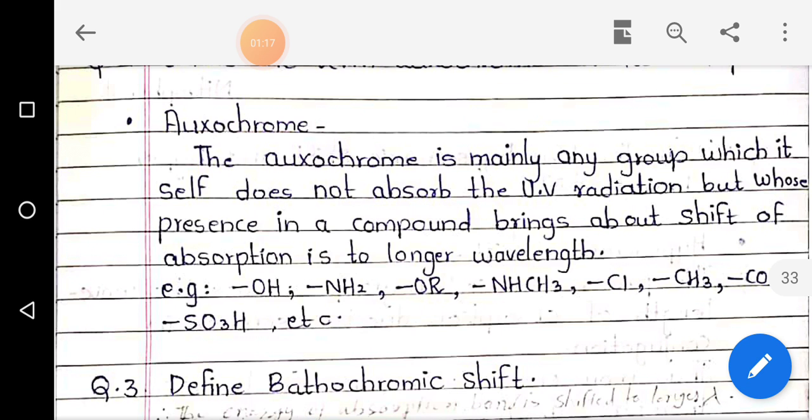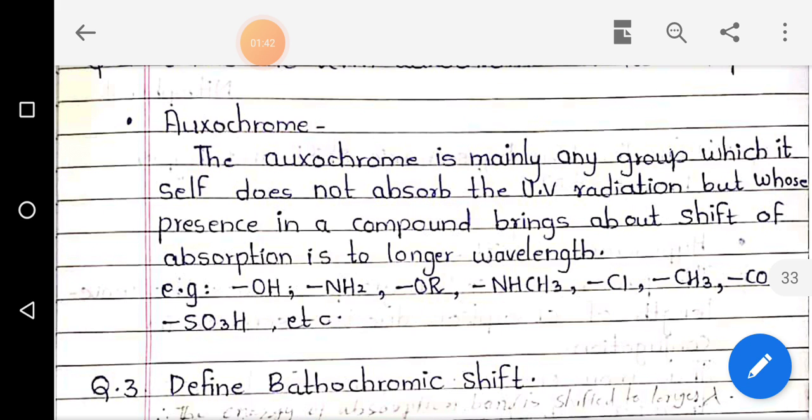Oxochromes are groups which by themselves do not absorb UV radiation, but if present in any compound, they brighten that compound and shift the absorption of a particular wavelength into the range of longer wavelengths.